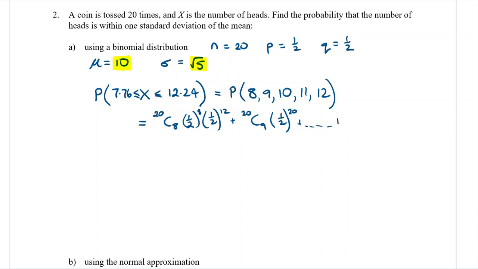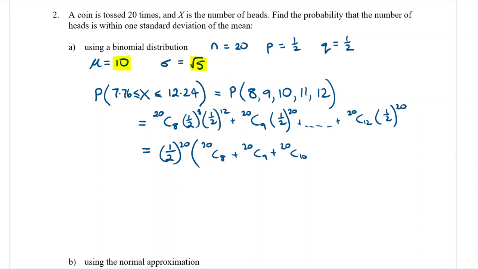You would do all of those all the way up to 20C12 half to the power of 20. To shorten that slightly, to type it into your calculator, bring the half to the power of 20 at the front like we did last time, and type in 20C8 plus 20C9 plus 20C10, and so, actually, there's only 20C11, I might as well write them all.